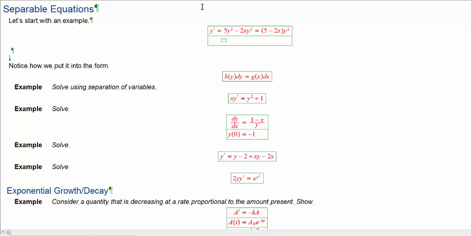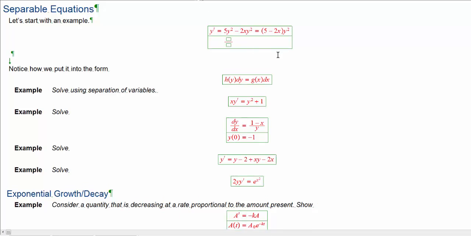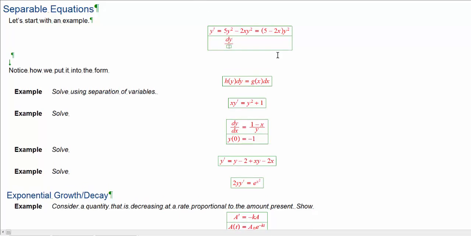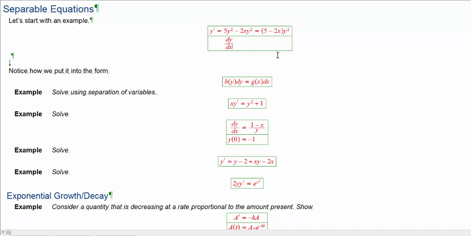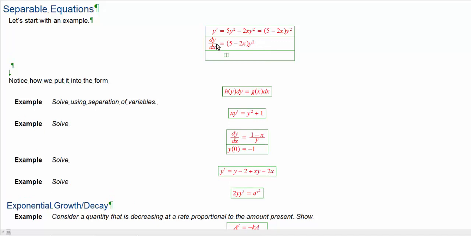The first thing is, let's switch our notation. That y prime is very useful because it's concise, but it means dy dx. I'm going to replace the y prime with dy dx because I want two pieces, the dy side and the dx side, so that I can multiply up, almost like cross multiplying.